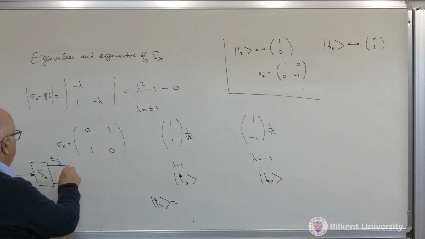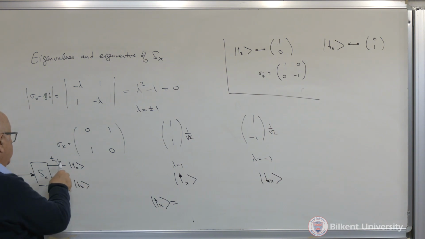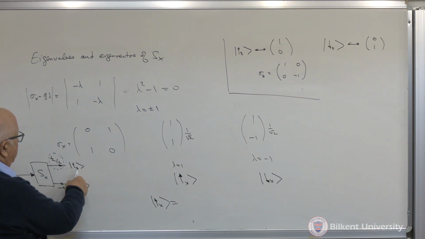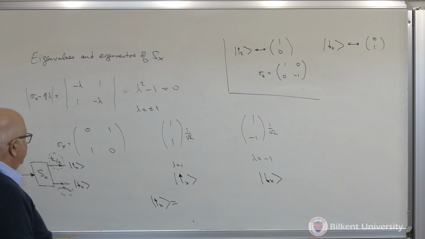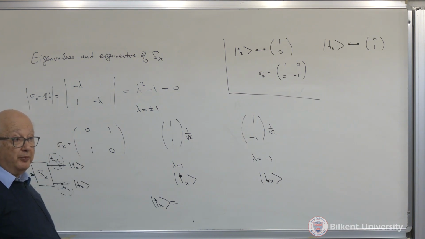So this over here is up x, and this one here is down x. The one which corresponds to eigenvalue plus h bar over 2 is considered the up x. It's up in the x direction. And this minus h bar over 2 is the other. So when we look at sigma x without h bar over 2, we get eigenvalues plus or minus 1.